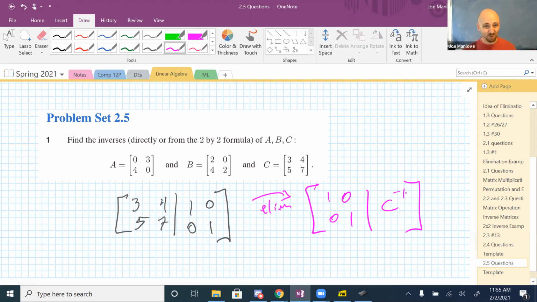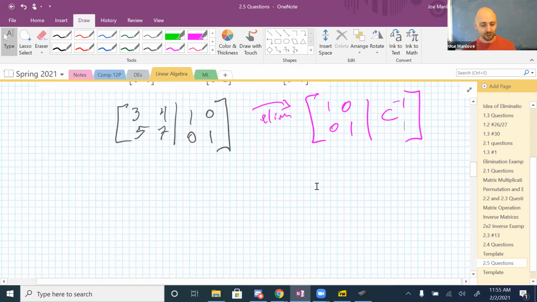Okay, and this one's probably hard because the numbers are kind of icky. You guys with me? Okay, so I need a first row operation. So what's the first thing I'm trying to zero out here?